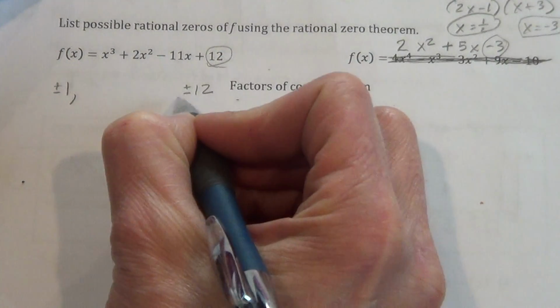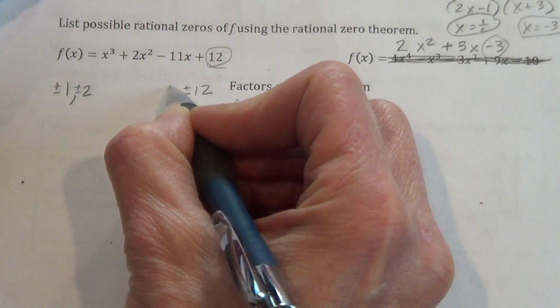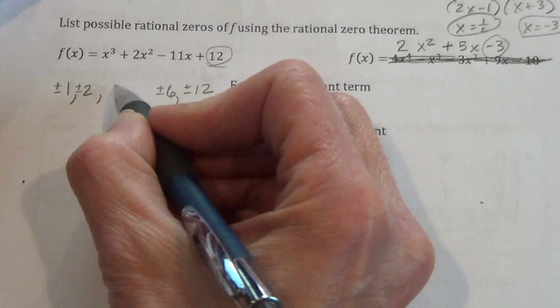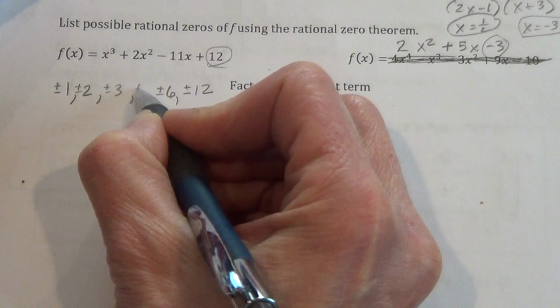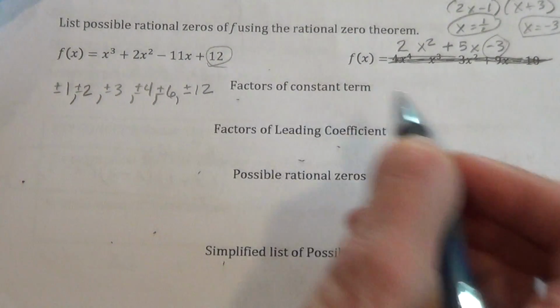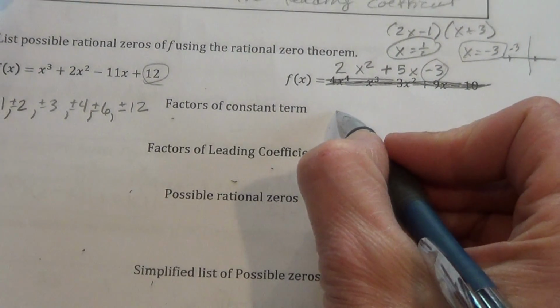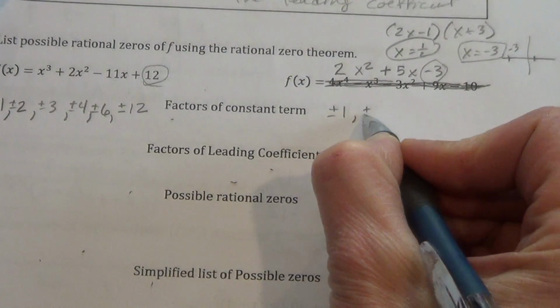In addition, we would have 2 positive negative and 6 positive negative. Next we would have positive negative 3 with positive negative 4. So we have all those factors. On the one that I gave you, we would have positive negative 1 and positive negative 3.